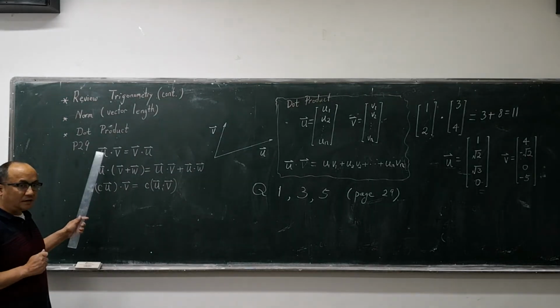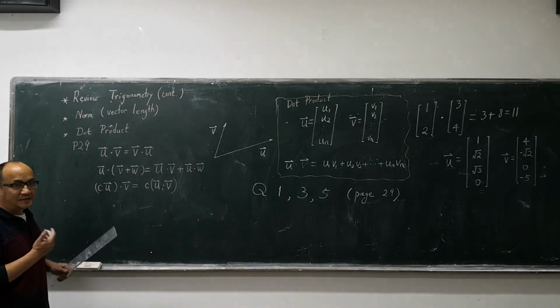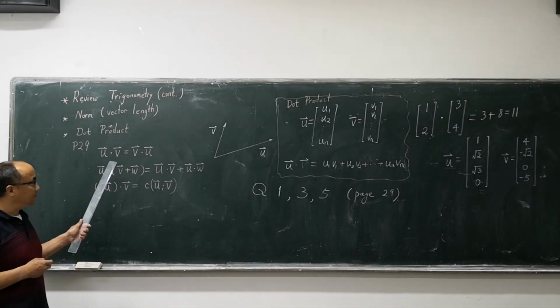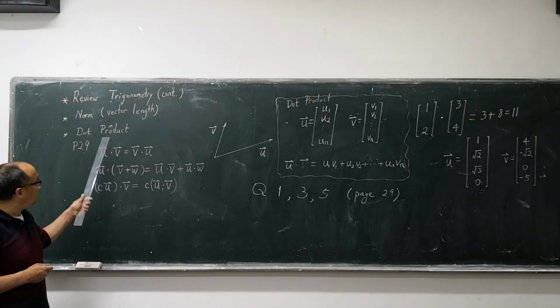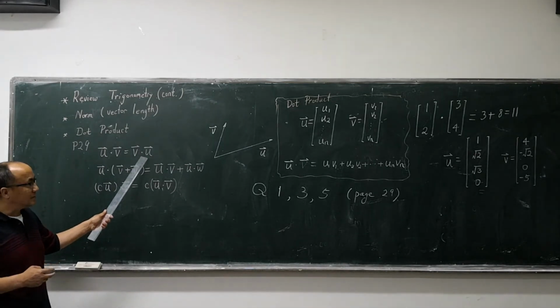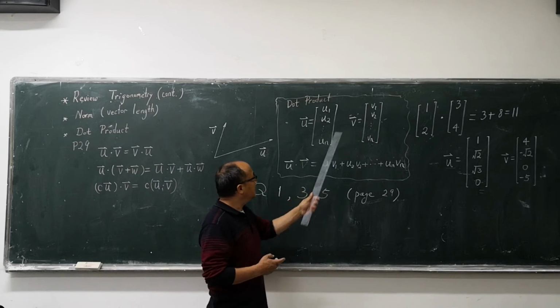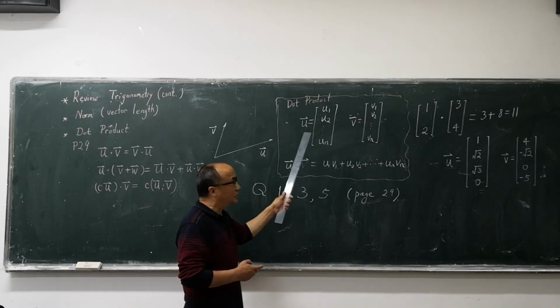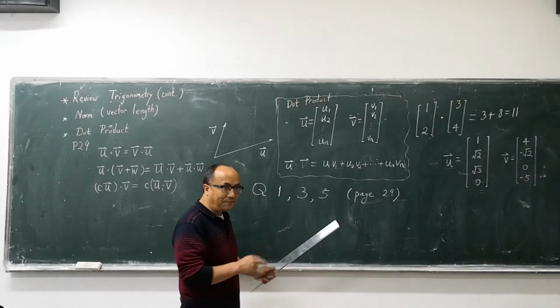Like I said, a vector is just an advanced format of number. So when you reverse the dot product, u dot v is the same as v dot u. Doesn't matter, okay?